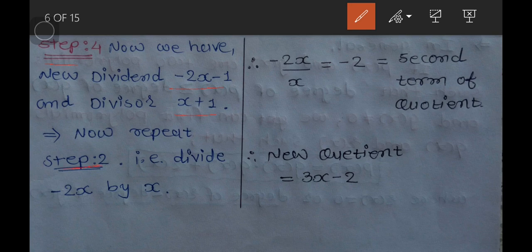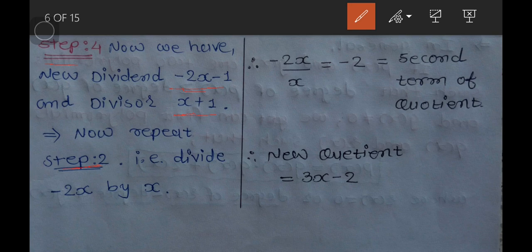What is step number 2? We divide the first term of our dividend by the first term of our divisor. The first term of the dividend is minus 2x, and the first term of the divisor is x.